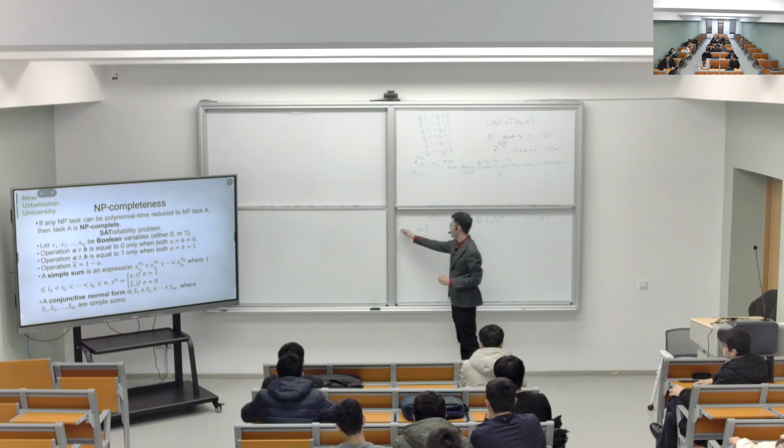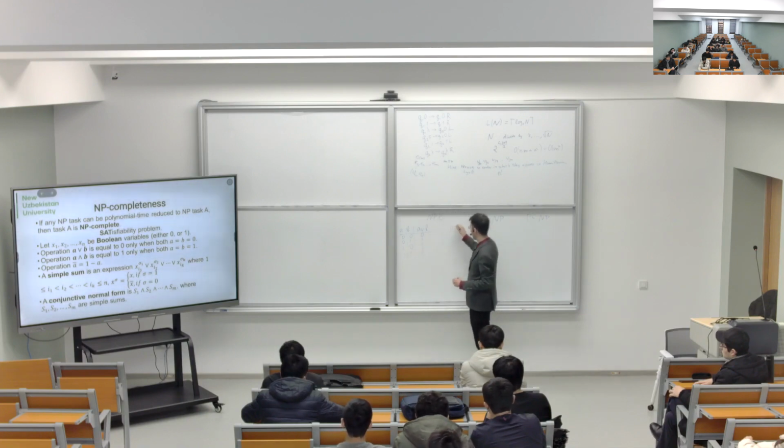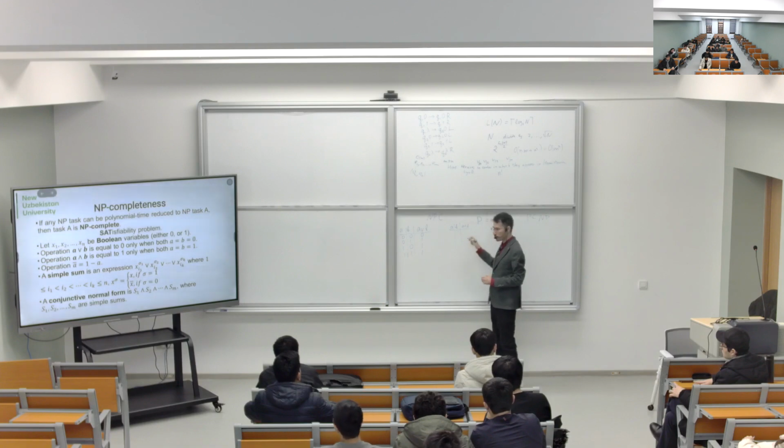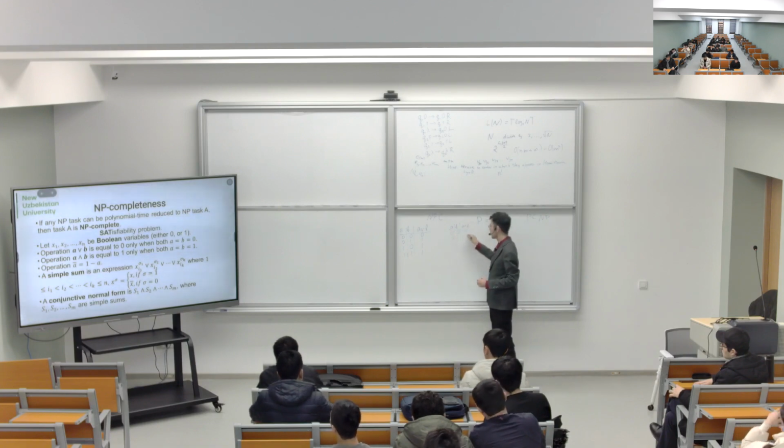Given A, B, and A or B, 0, 0 will give us 0, 0, 1 gives 1, 1, 0 gives 1, and 1, 1 gives 1. Okay, that one is good. Then we have A, B, and A and B. Here 0, 0 gives 0, 0, 1 gives 0, 1, 0 gives 0, and 1, 1 gives 1.